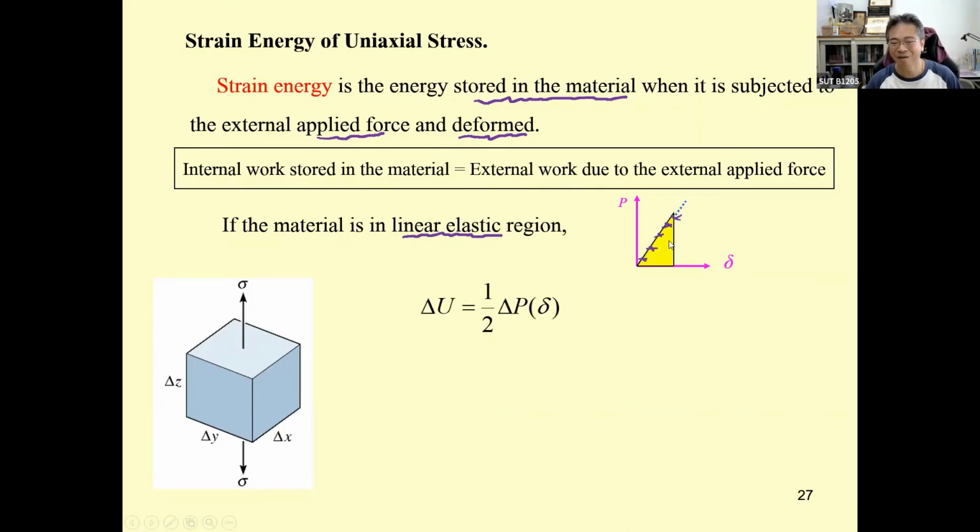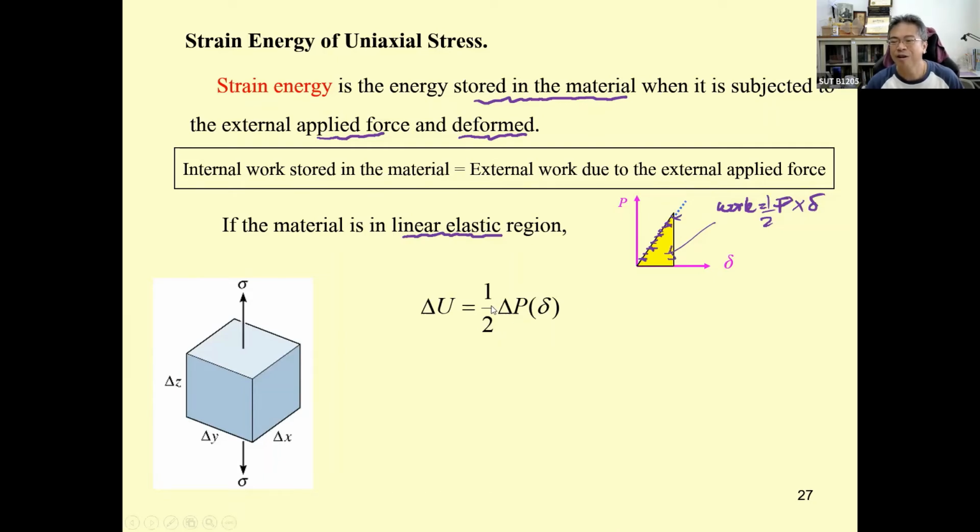The area over here is going to be the work, because work equals force times displacement, and since the material is linear elastic, the area over here represents the work.